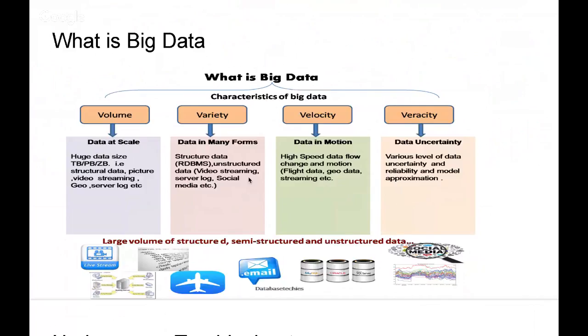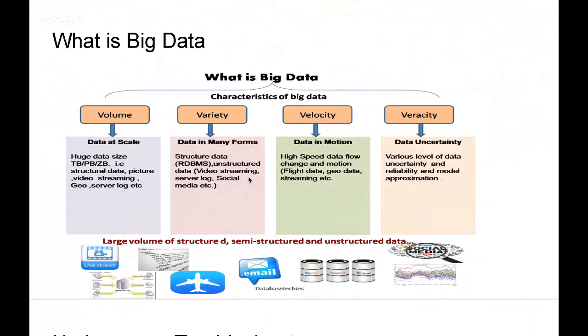Earlier in RDBMS, we had only structured data. But nowadays videos, emojis and images are there. These data are not structured. These are all unstructured data. So variety is the second parameter which decides whether data is big or not.